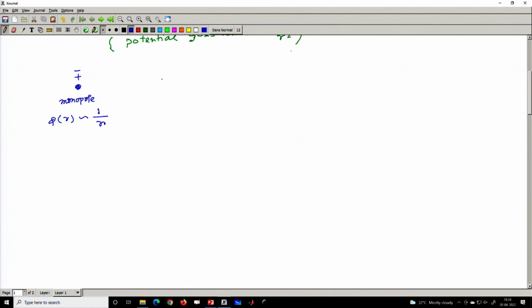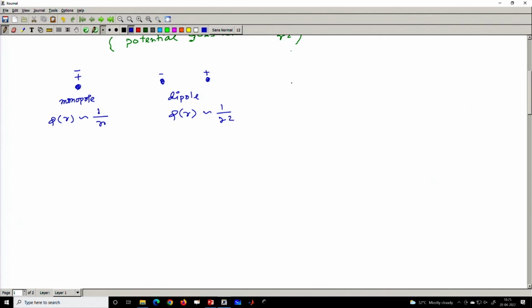Now we have the dipole, where instead of one charge you have two equal and opposite charges, minus and plus, and this is called a dipole. The potential now varies as 1 by r square.